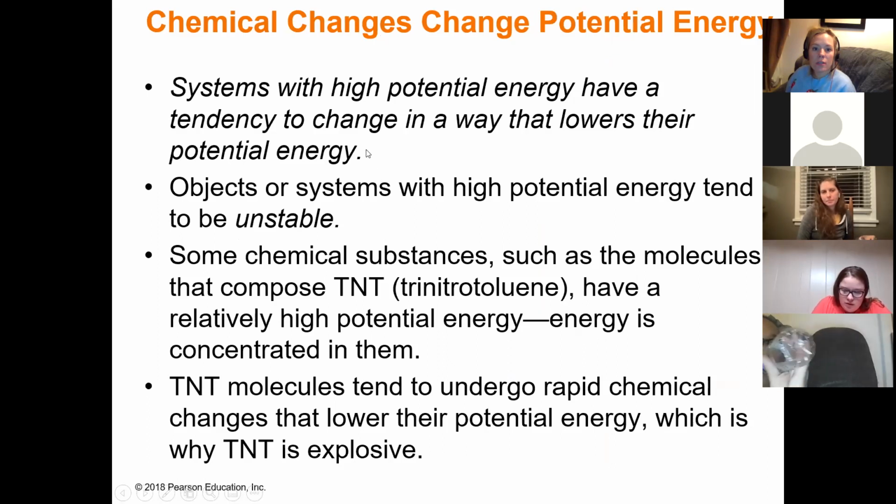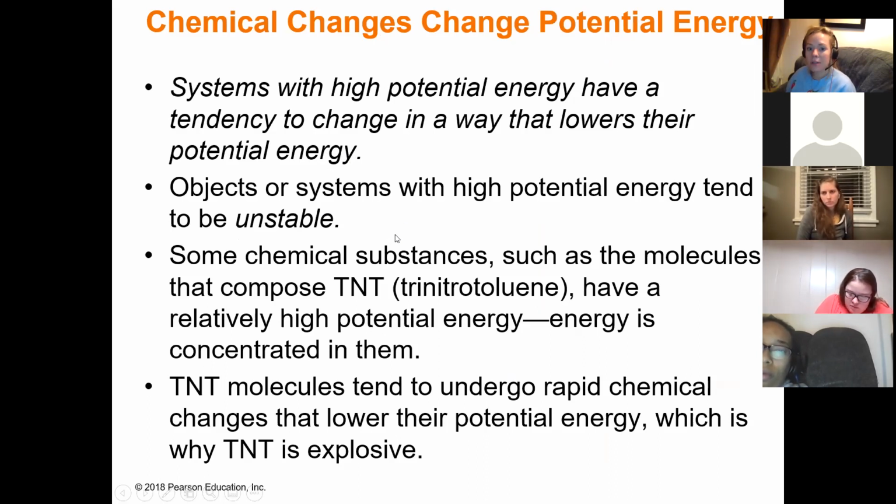Chemical changes, potential energy. There are certain materials that have a high amount of potential energy because of their chemical makeup. TNT is one of those things. Things that have high potential energy like to go in a direction that makes them lower potential energy. So that weight wants to fall down. Mountains want to weather to the ocean.